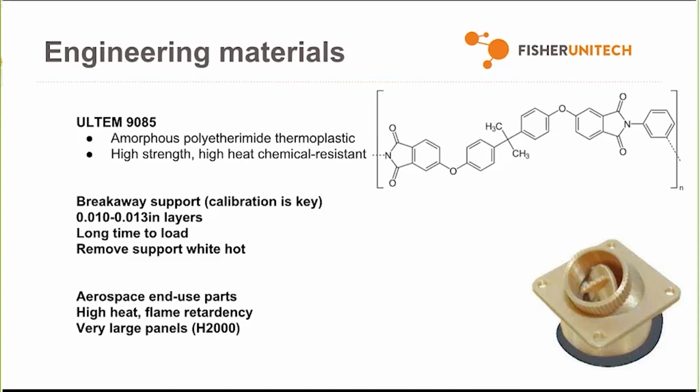Now, when you actually build with Ultem, it's going to take a while to load the material. The actual loading process doesn't take any time at all, but there's what's called a heat soak time. So about 4.5 hours to bring the oven up to temperature, and that also accounts for the time it takes all the metal components to absorb that heat. That way, all the parts of the machine and the control system have all expanded at the same rate.